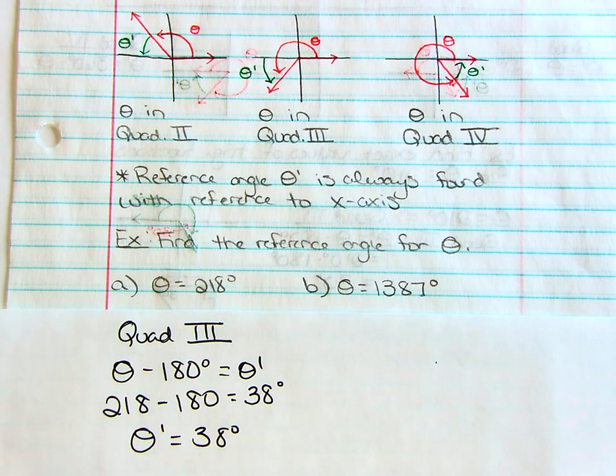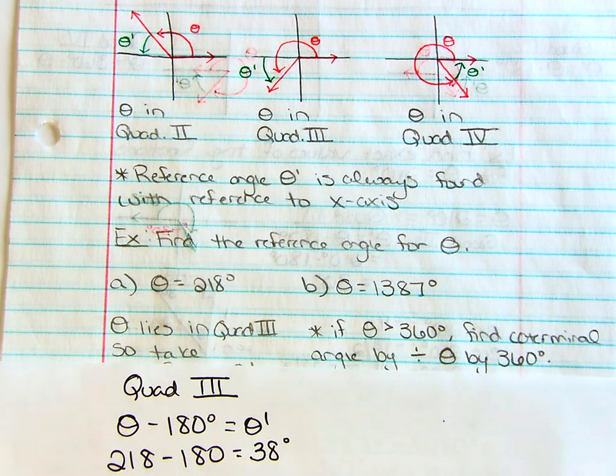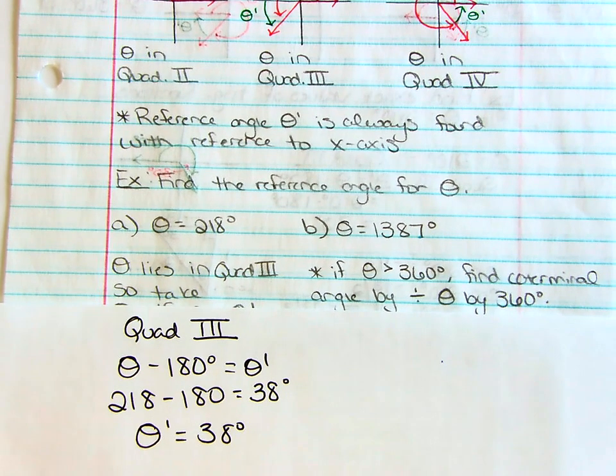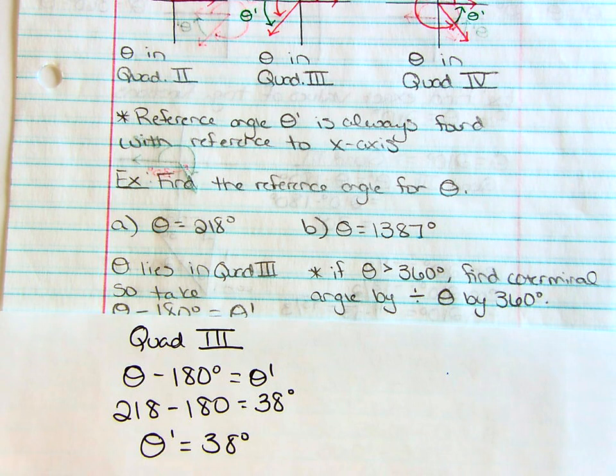So first we're going to have to find a coterminal angle. If theta is greater than 360 degrees, you need to find a coterminal angle by dividing theta by 360. You could also think about it as subtracting 360 degrees over and over again until you get to something between 360 and 0.